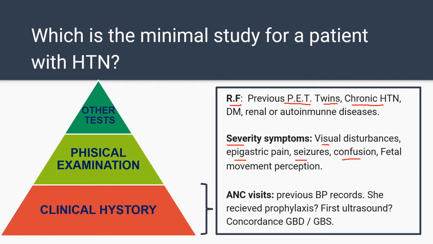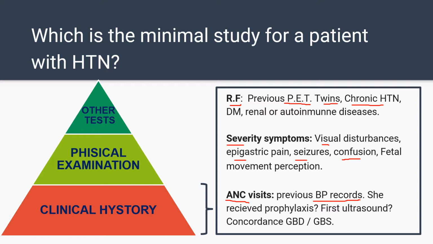And important, very important, and most people can forget, is the ANC visit. Ask the mother if she came to all the ANC visits, if she has the BP records, to check. Maybe she has normal BPs, but almost at the limit, like 135 over 88, something like that.